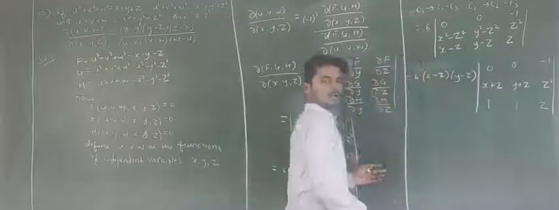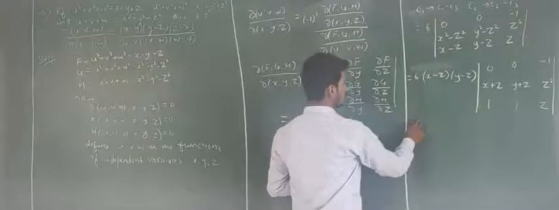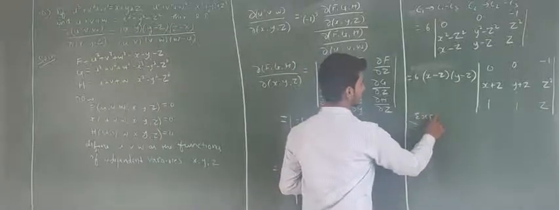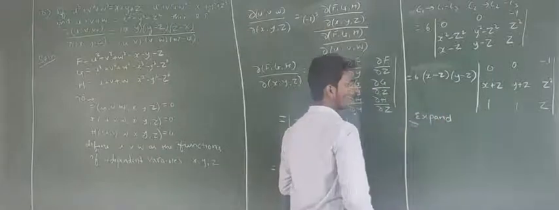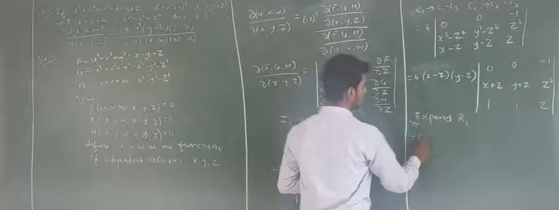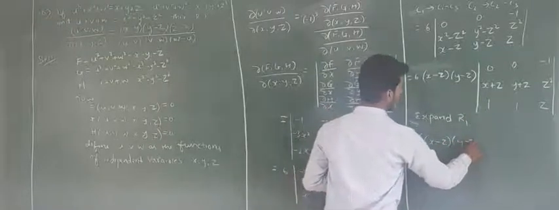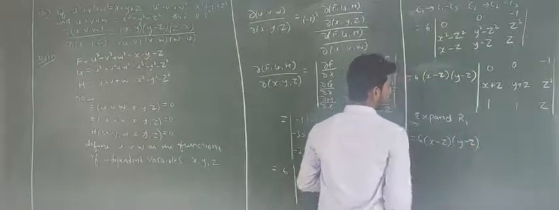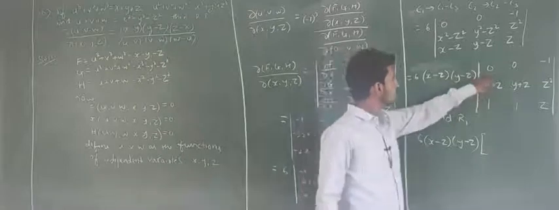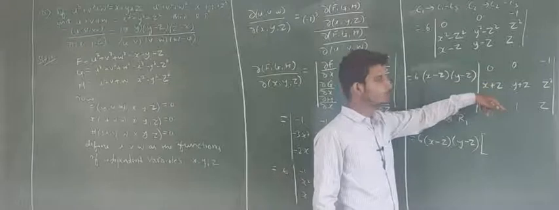This is about the determinant. Now we will expand the determinant, expanding row 1, R1. If you expand R1, 6 into x minus z into y minus z. If we expand the first element, 0 into any term will be 0.